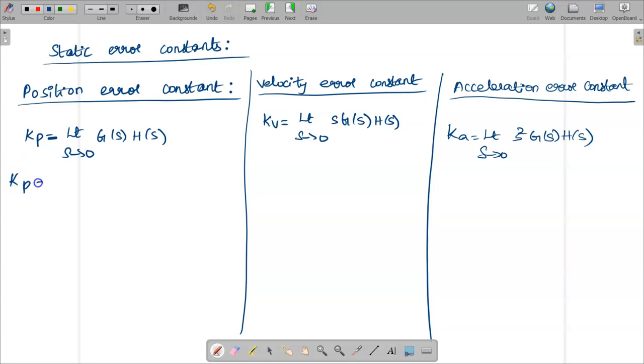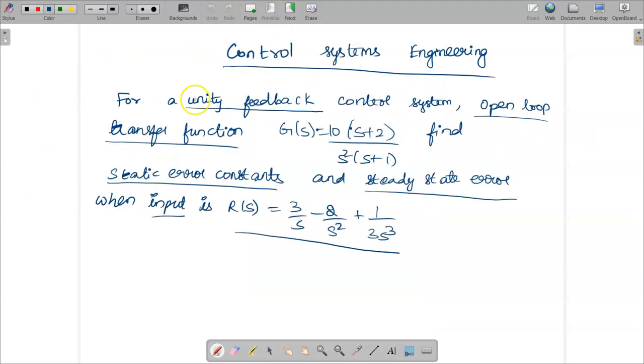So Kp is given by limit s tends to 0, and G of s is given in the problem, which is 10 into s plus 2 divided by s square into s plus 1. For H of s, the problem says it is a unity feedback control system.